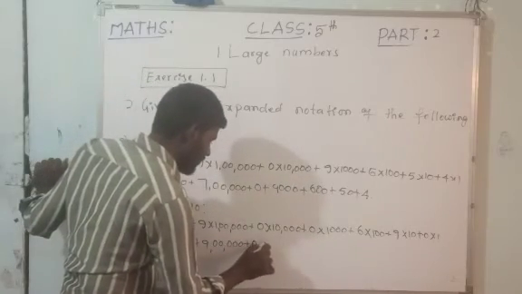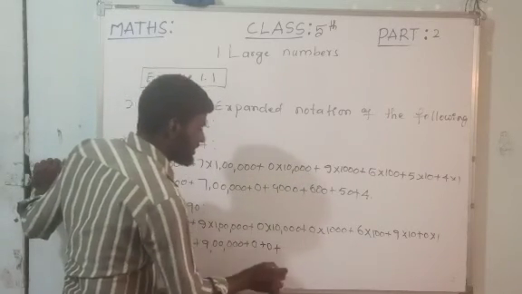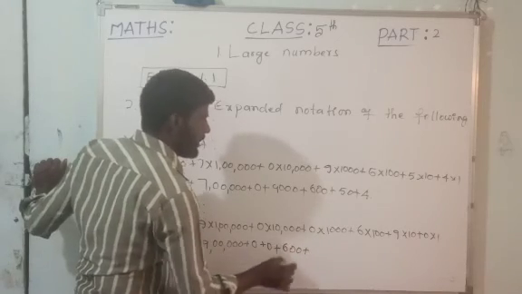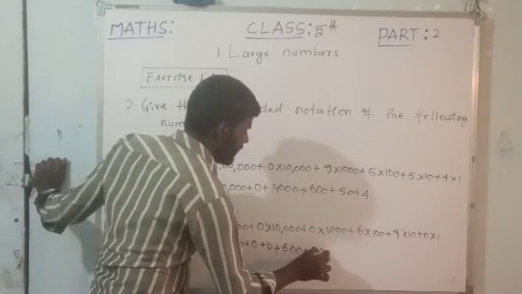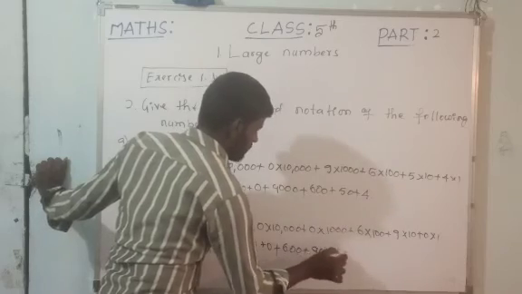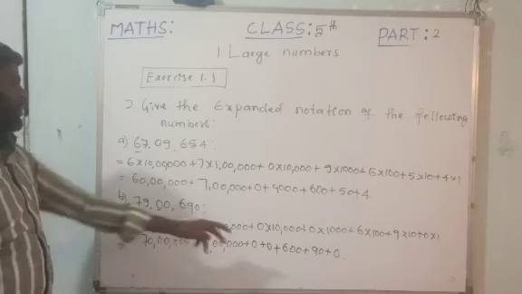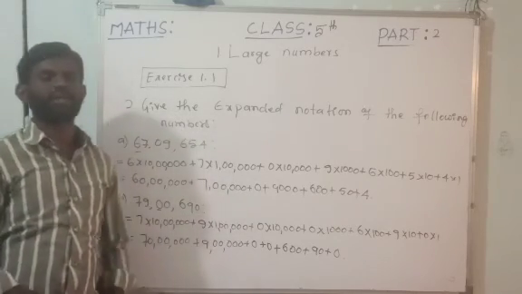Then this also 0. Then 6 into 100 means 600. Then 9 into 10 means 90. 0 into 1 means 0. This is the expanded notation of the given number.